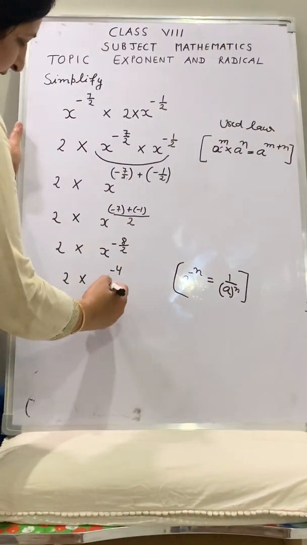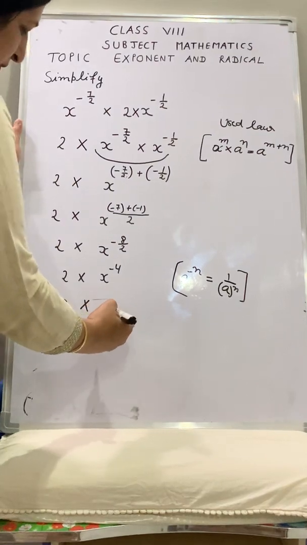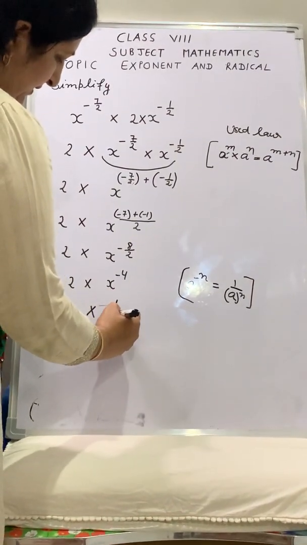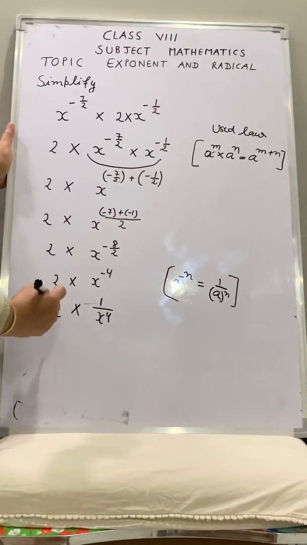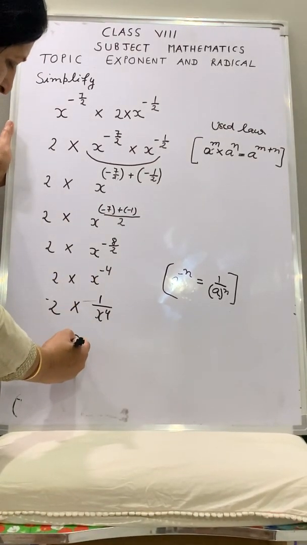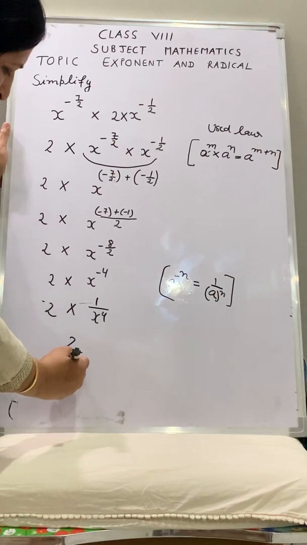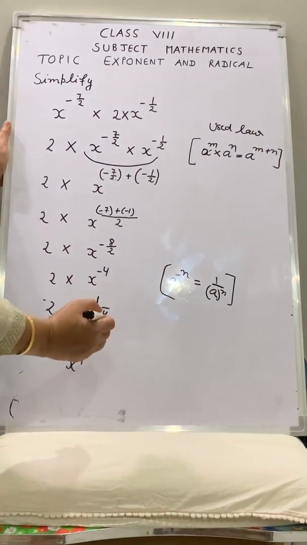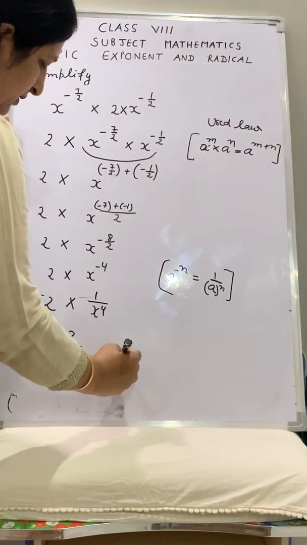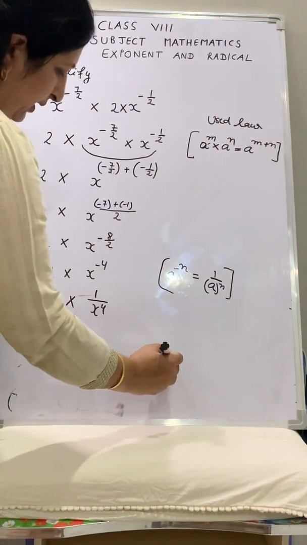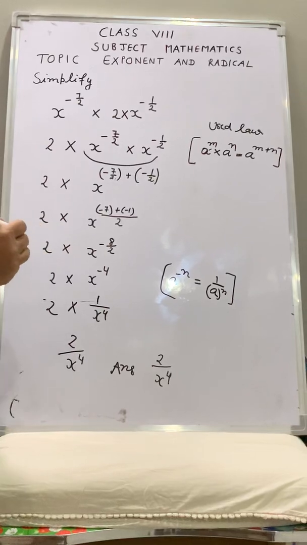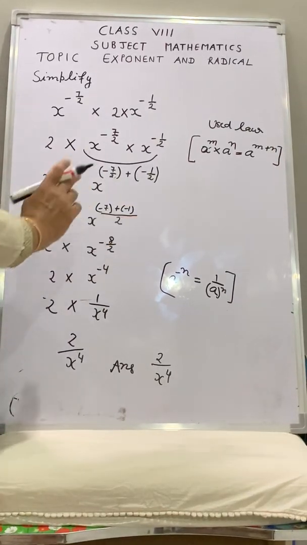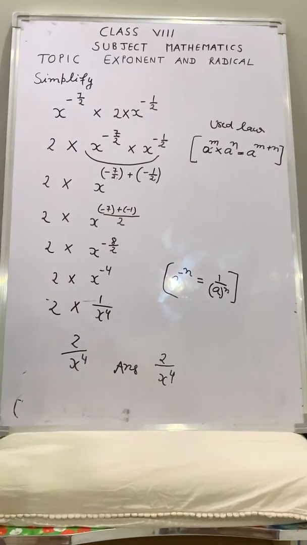We will take the reciprocal of x. What is the reciprocal? 1 by x raised to power 4. 2 ones are 2. 2 by x raised to power 4. It is the answer. Answer is 2 by x raised to power 4. Here two laws of exponents are used.